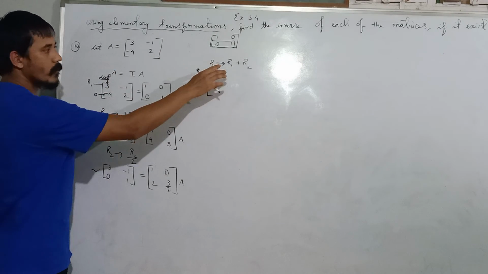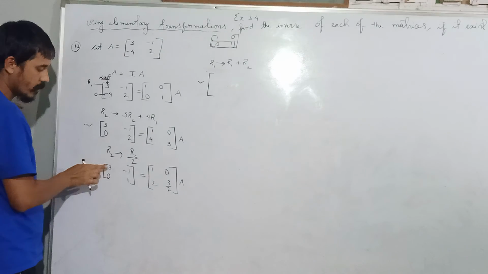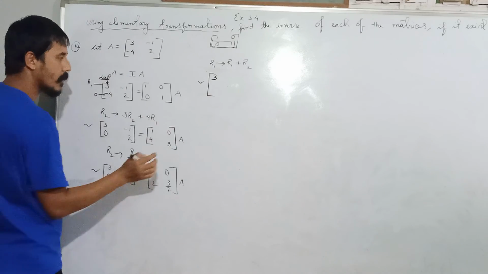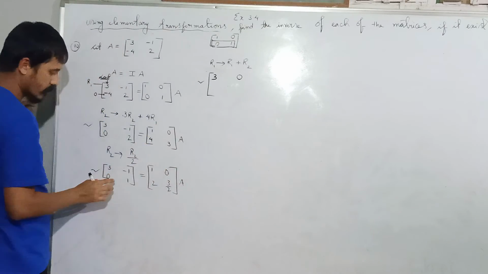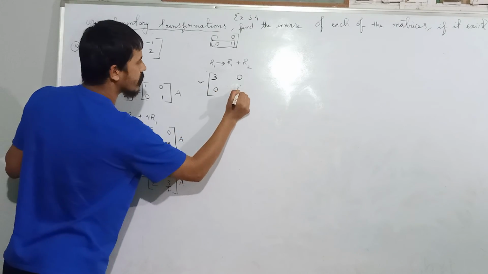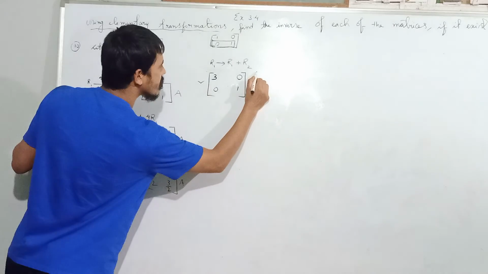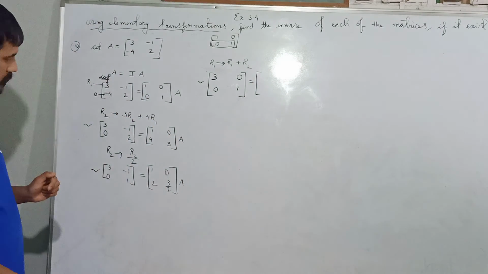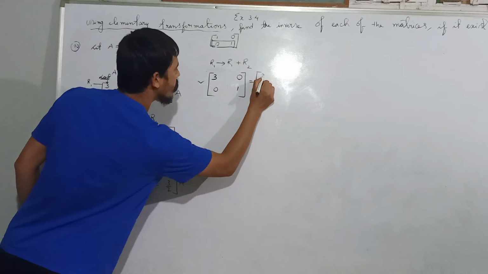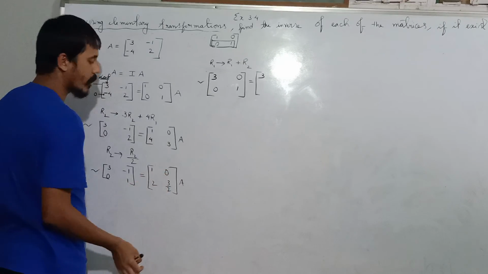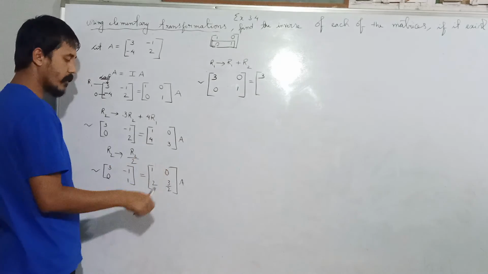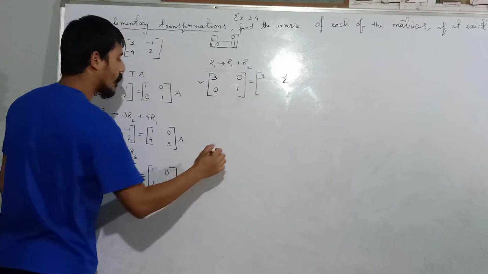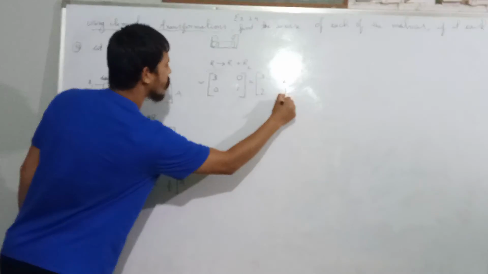All the elements of R1 will undergo this transformation: 3 plus 0 is 3, -1 plus 1 is 0, no changes. The same transformation on the right side over this matrix: 1 plus 2 is 3, 0 plus 3 by 2 is 3 by 2, and there are no changes here, 2 and 3 by 2.